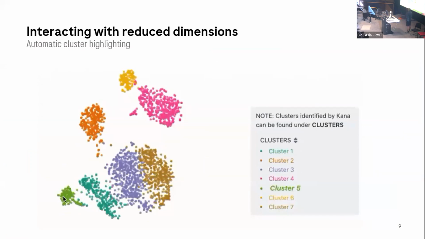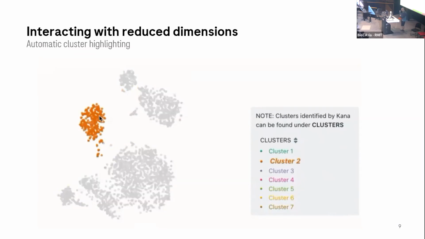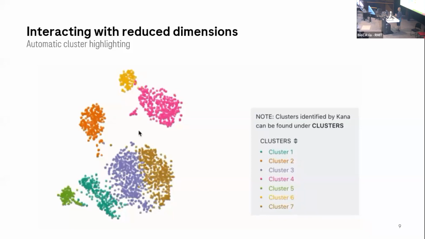Continuing on with these reduced dimensions, another thing that we added was the ability to do this automatic cluster highlighting. Oftentimes, like in this case, it's not too bad, but in some cases you have these big t-SNEs and UMAPs with like 50 different clusters and 50 different colors, and it's kind of hard for the human eye to determine which color is which after a while.